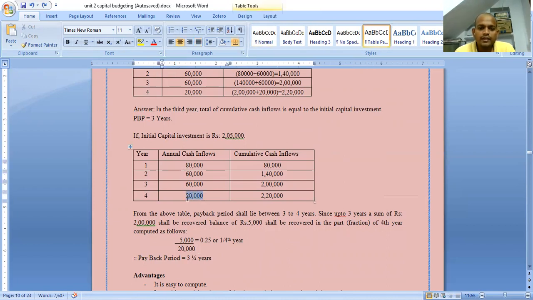If we are expecting 20,000 annually, in the sense in 12 months we are getting 20,000, how many months will it take to get the 5,000? So 5,000 divided by 20,000 is 0.25, or one fourth year. We can convert that into months as well.